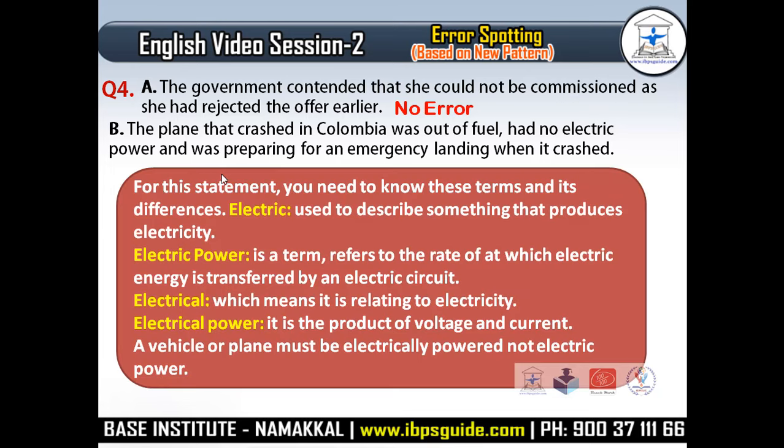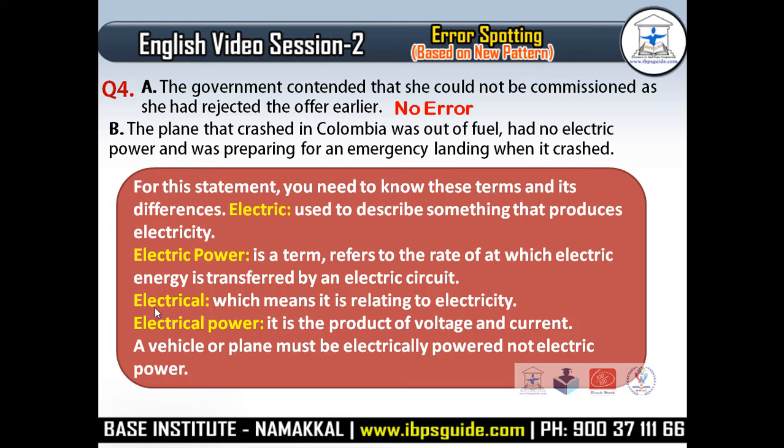For this statement, you need to know these terms and their differences: electric, electric power, electrical and electrical power. First one, electric. Electric is used to describe something that produces electricity. So you may not use this term in this sentence. Electric power is a term that refers to the rate at which electric energy is transferred by an electric circuit.